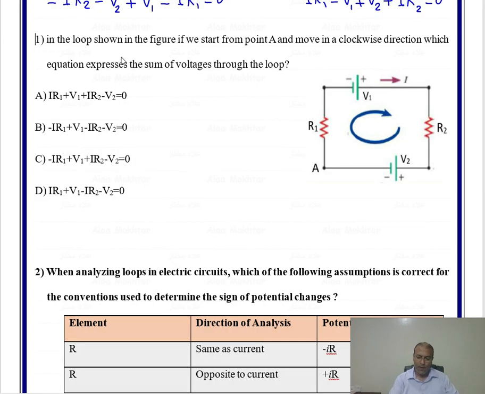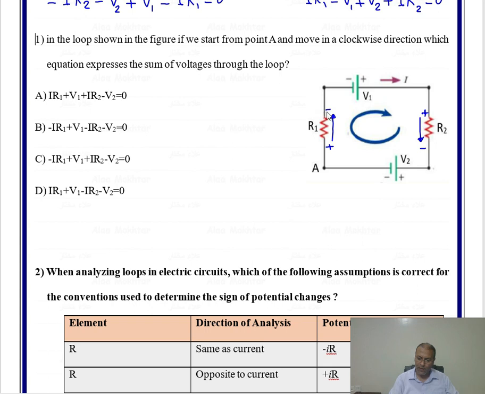First question. In the loop shown in the figure, if we start from point A, the current moves in this direction. When the current flows in this resistance, it makes positive and negative sides, as you see. If the current moves in this resistor, it makes the positive side here and the negative side there. I start from A and move in clockwise direction, which equation expresses the sum of voltage through the loop?